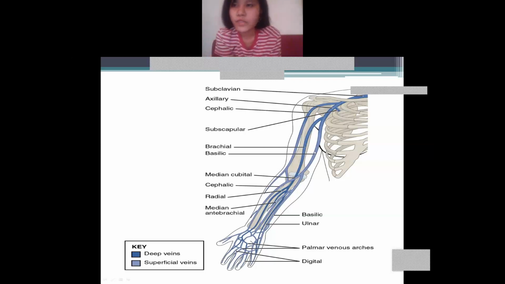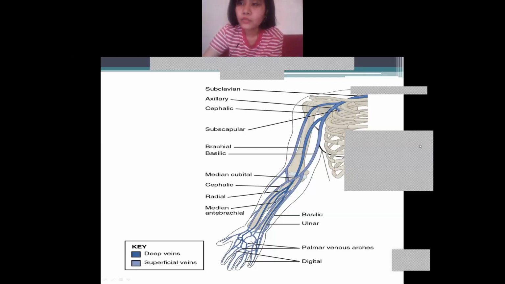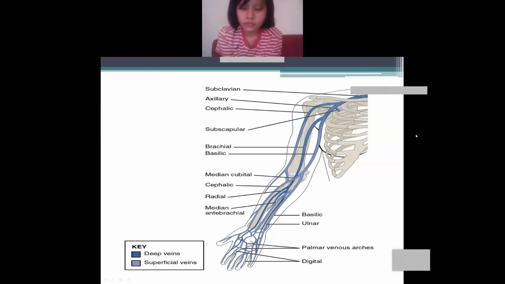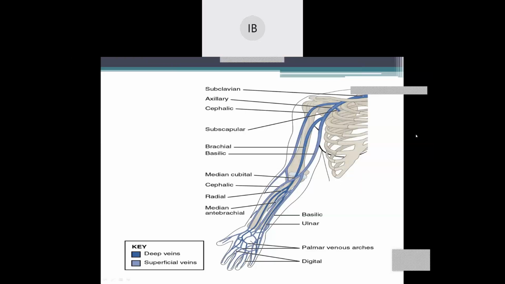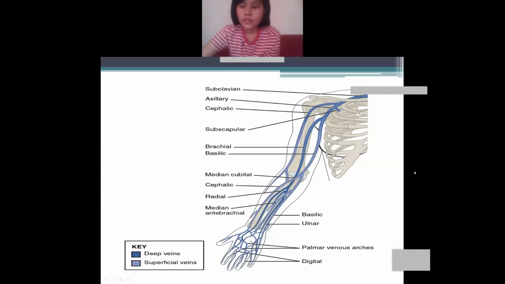For example, brachial vein: is it a superficial or deep vein? In that way you try to know. Also, where does the axillary vein lie? If I ask you where the axillary vein is and you say it is in the palm portion, then obviously it won't be correct.